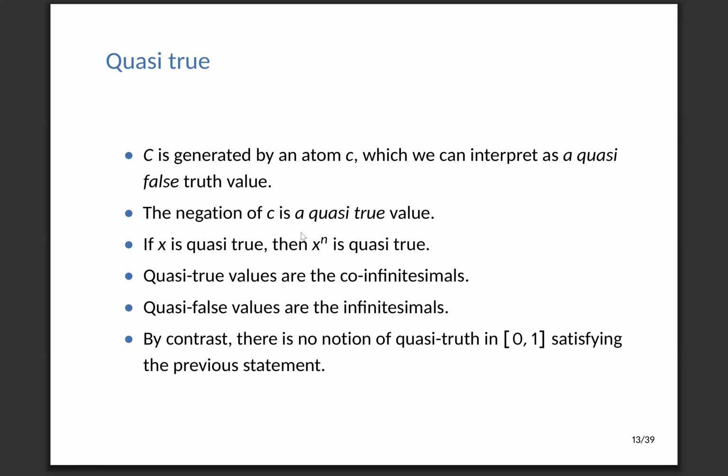Its negation will then be the quasi-true value, and as we already know, if x is quasi-true, then the multiplication of x by itself n times is also quasi-true, no matter what n is. So the quasi-true values of this algebra are co-infinitesimals, and quasi-false values are infinitesimals. By contrast, there is no notion of quasi-truth in 0, 1 satisfying the previous statement.